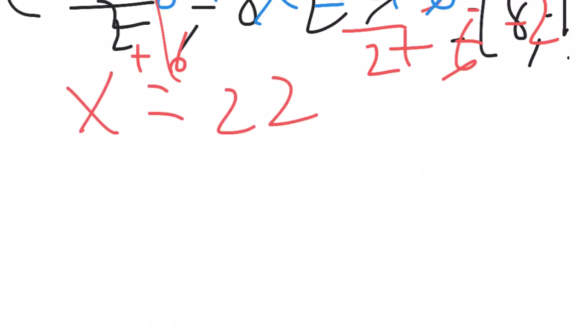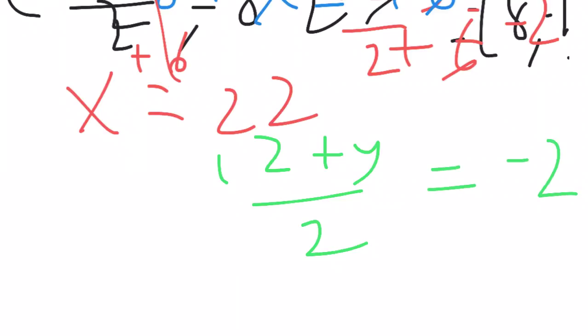So now let's do the y-coordinate. 12 plus y over 2 equals -2. Again, since we're dividing by 2, you multiply both sides by 2.